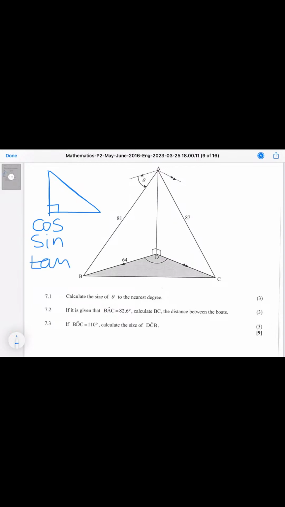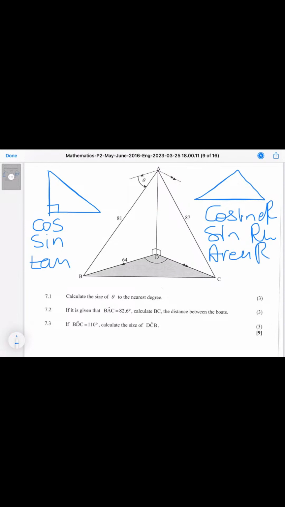When you are dealing with a triangle which is not a right-angled triangle, that's when you can use the cosine rule or the sine rule. And again, you might need to use the area rule in case the examiner wants you to calculate the area.